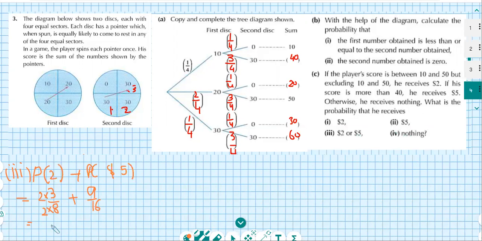So it gives you 6 plus 9 over 16, equal to 15 over 16.